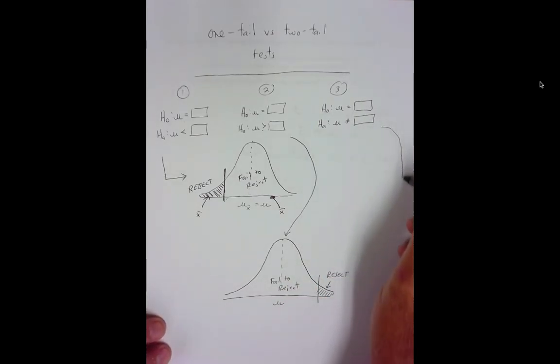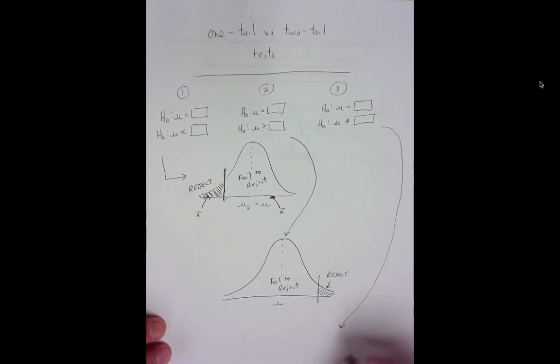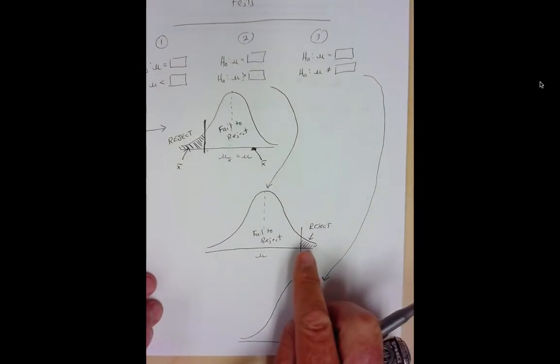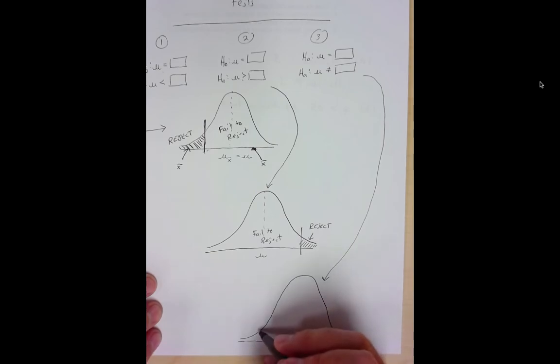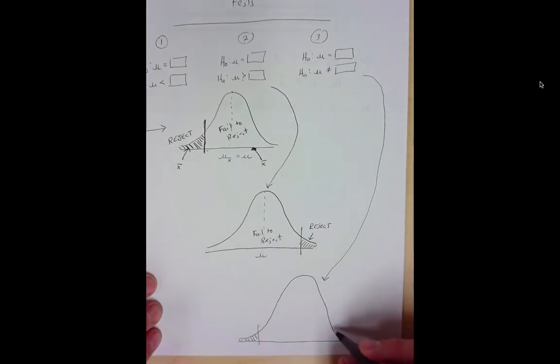The other one that we've looked at has not equal to. Well, not equal to isn't worried about whether it's above or below the claim. It just worries if there is a difference. So what we do is we create a rejection region above and we create a rejection region below.